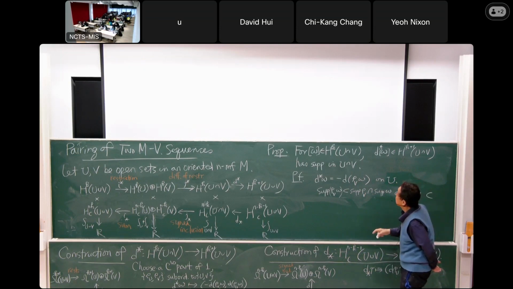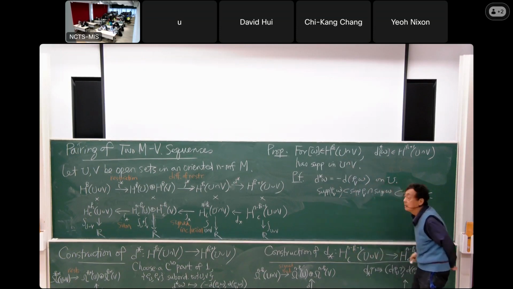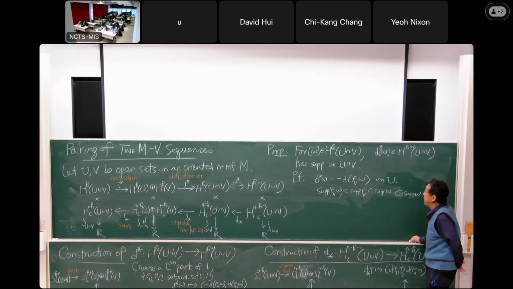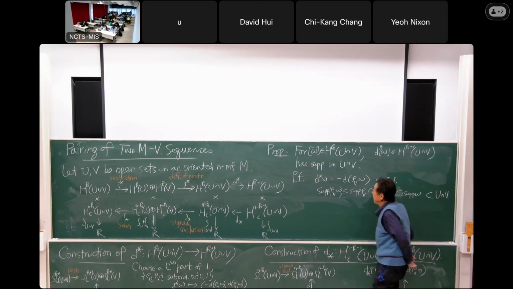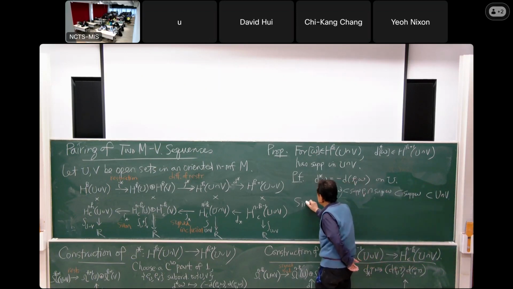By hypothesis, omega has support in the intersection. And the thing about d is that d is support decreasing.